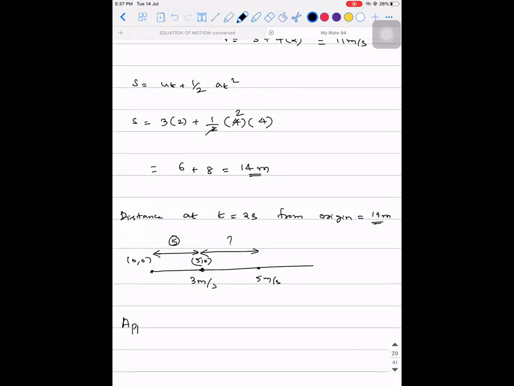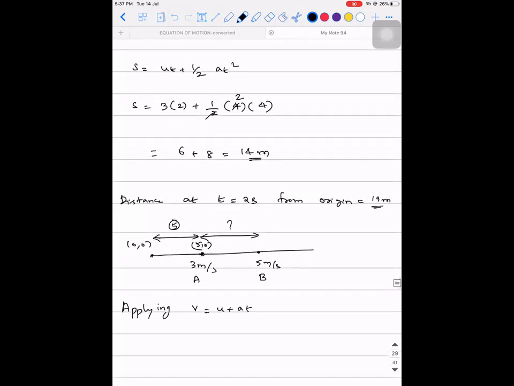Apply V is equal to U plus AT between the points A and B. So what is the value of V between A and B? 5 meter per second. 5 is equal to 3 plus acceleration, how much? 4 meter per second square.